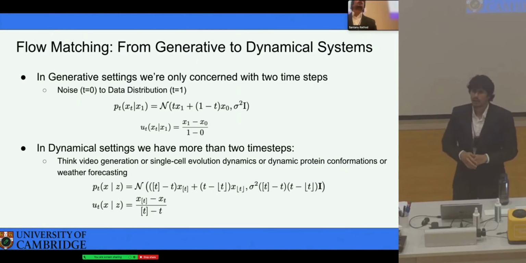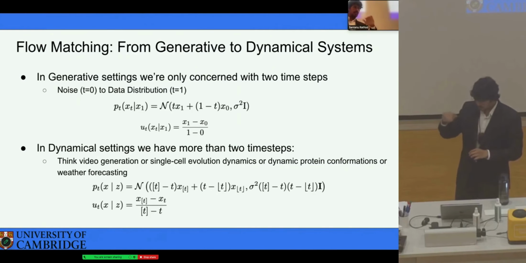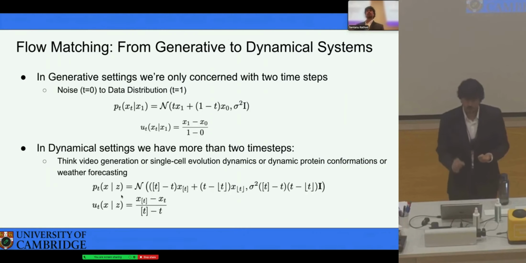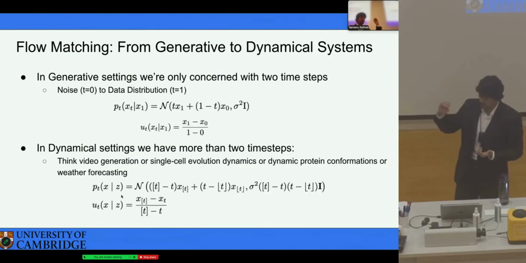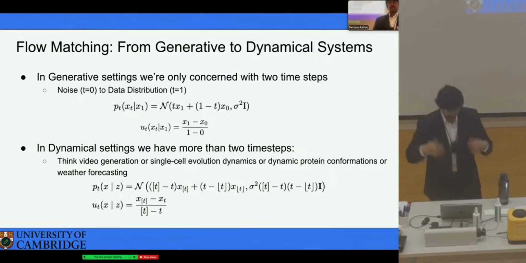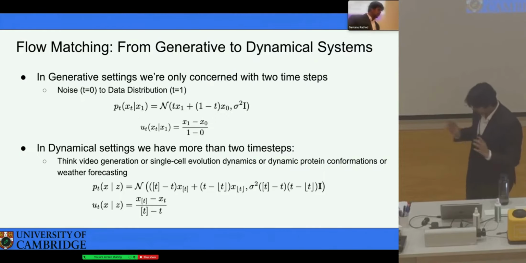And so once you stitch these linear paths, that's usually what people go for as their first try. And that's essentially what this equation means, that you're stitching these paths together and training your velocity fields on this stitch.